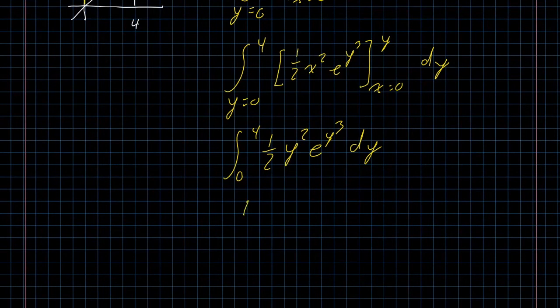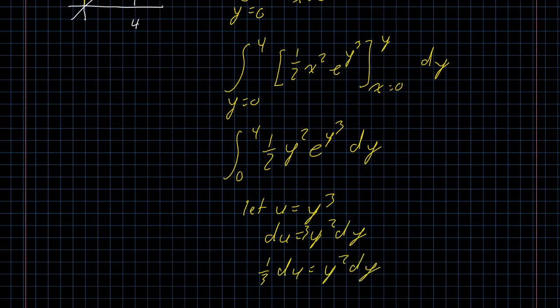Using that substitution that we came up with before, if I let u equal y cubed, that means that 1/3 du is y squared dy, and I have y squared dy right here.